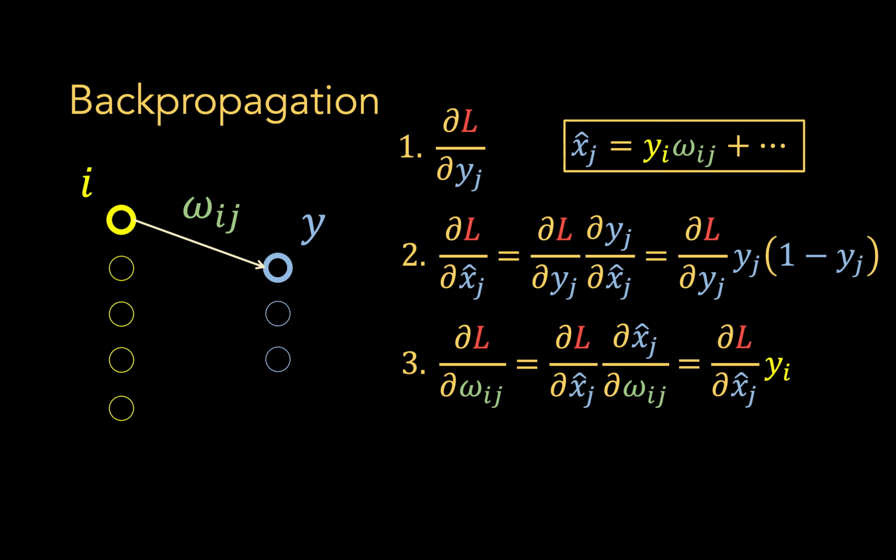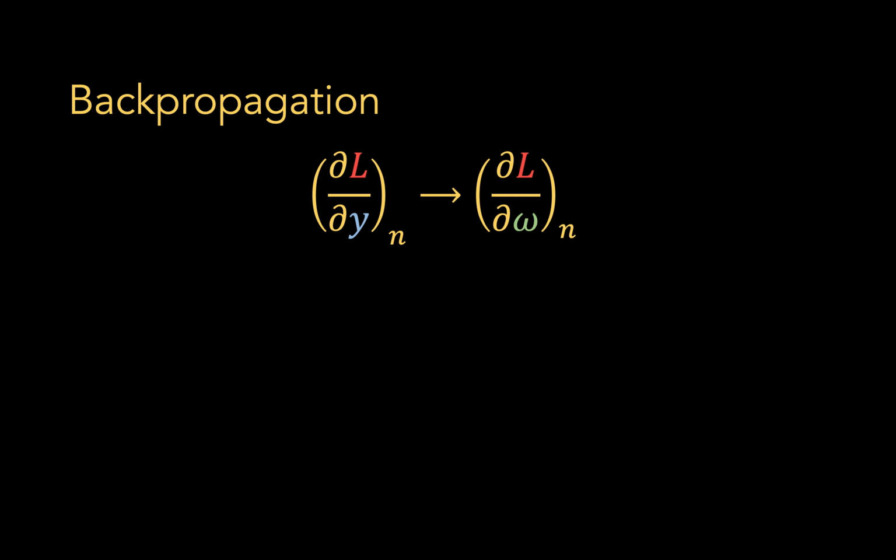And here we can also use the expression for dL over dx̂_j that we derived in step 2. So now we have an expression for the gradient of loss with respect to the weight of interest using values of variables that are readily available.